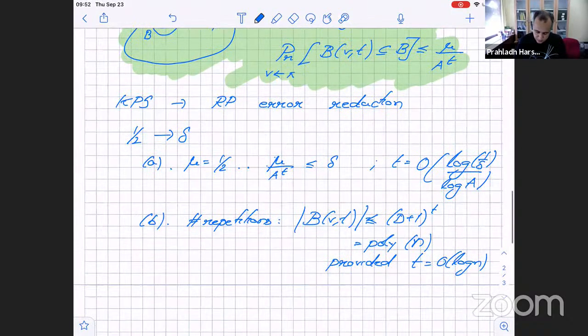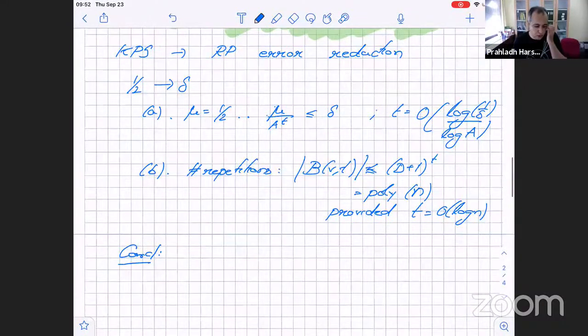So the conclusion of this was that you could reduce error from half to any inverse polynomial.